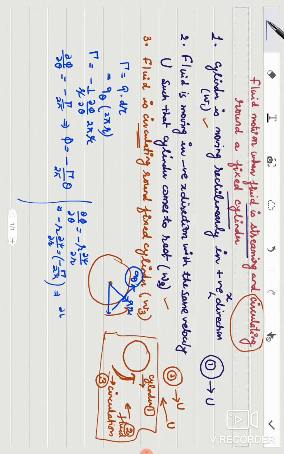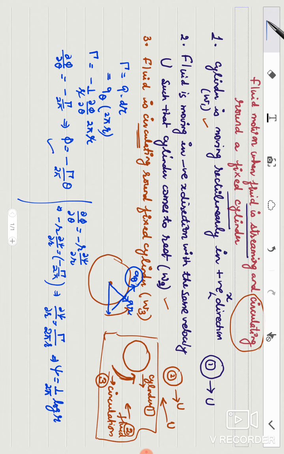So this implies ∂psi/∂r is equal to gamma upon 2 pi r. Integrating, psi is equal to gamma upon 2 pi log r.